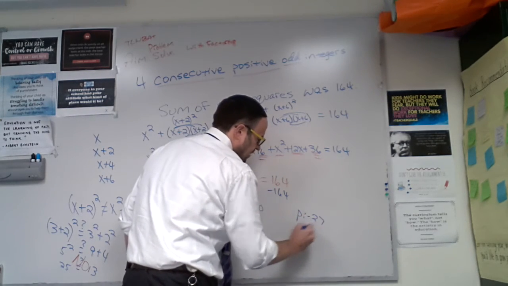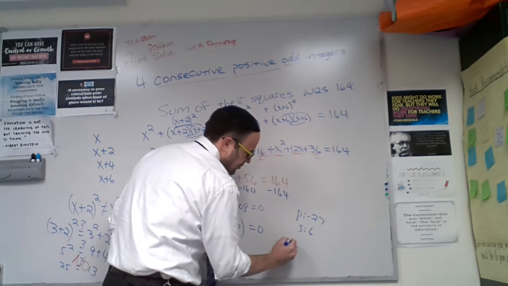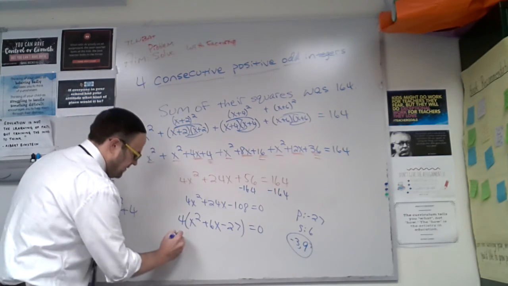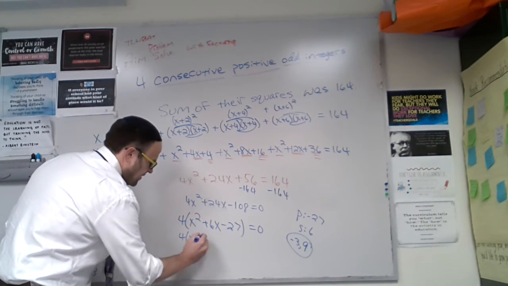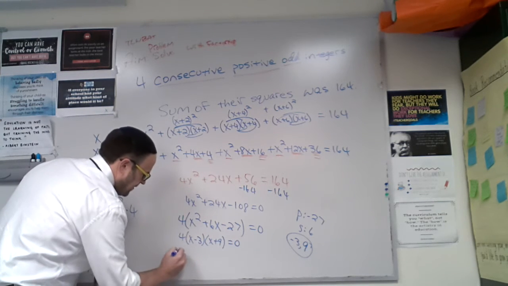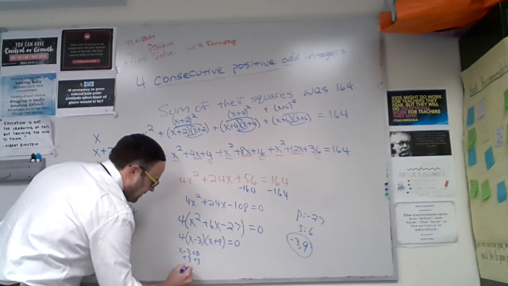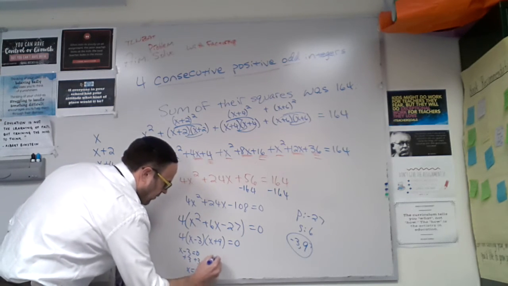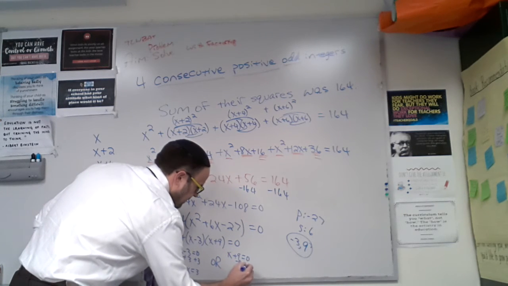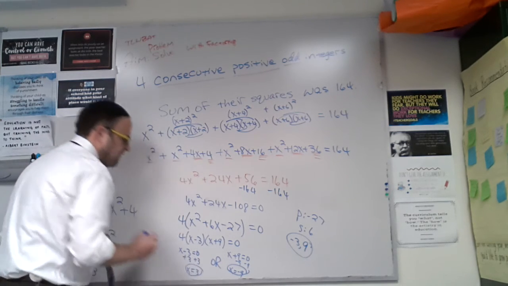I'm looking for a product of negative 27, a sum of 6, and that's going to get me negative 3 and 9. X minus 3, x plus 9 equals 0. So that tells me x minus 3 equals 0, or x equals negative 9.